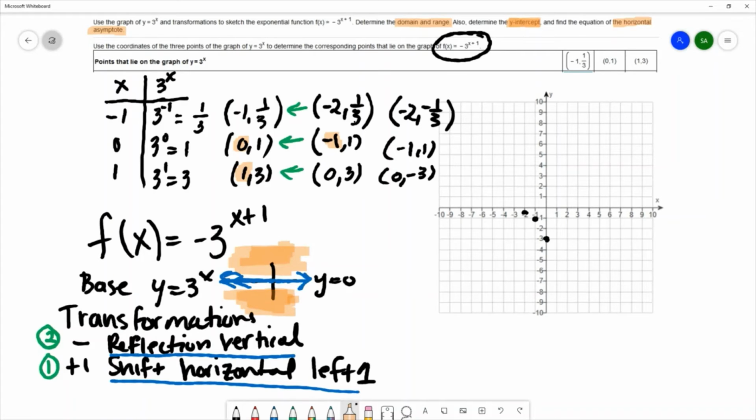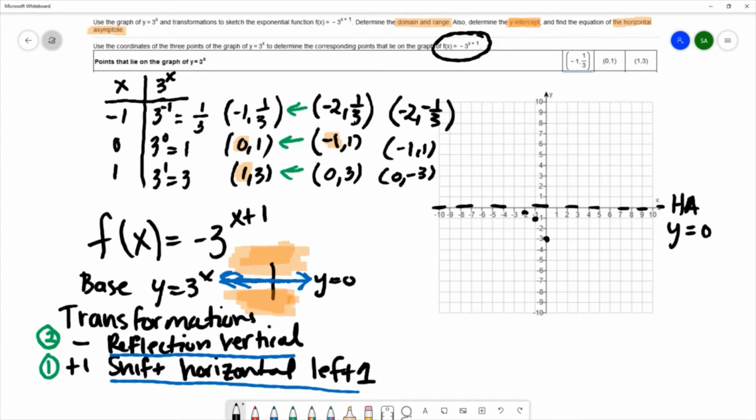So since the horizontal asymptote y equals 0 is right on top of the axis, it's going to stay in the middle and not change. So for this example, the horizontal asymptote will still be on top of the x-axis, and the horizontal asymptote is y equals 0.